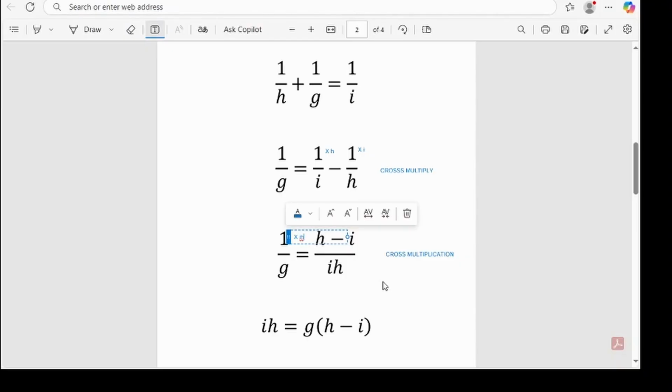Similarly, j would multiply h minus I, so we are going to get j multiplying h minus I, okay. So the denominator on your far left would multiply the numerator on your far right. So cross multiplication. And when you are done, here you leave it because there is an equal to sign.